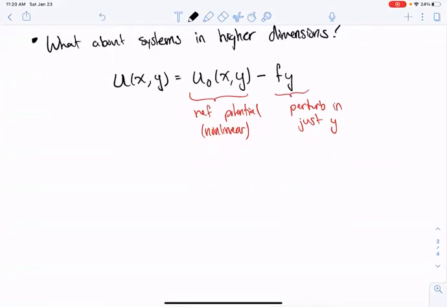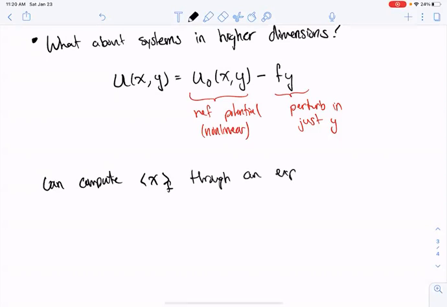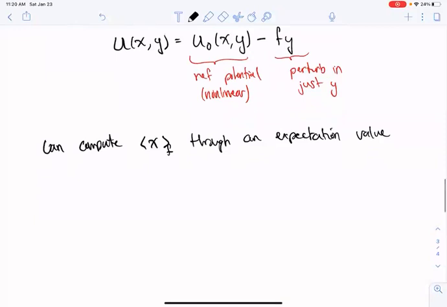So we can compute the average of x in the presence of that force by noting that it is evaluatable as a specific expectation value. That will have some form of an integral over x. What is the Boltzmann weight?